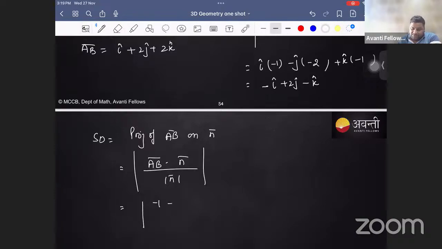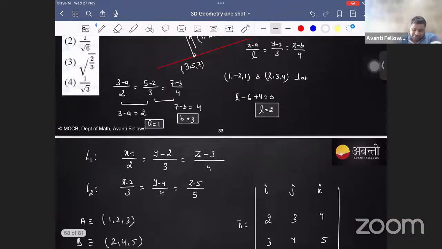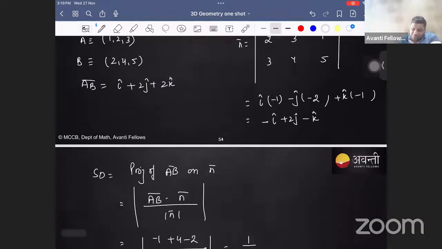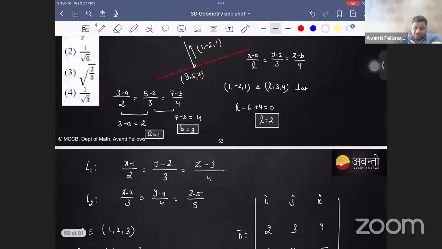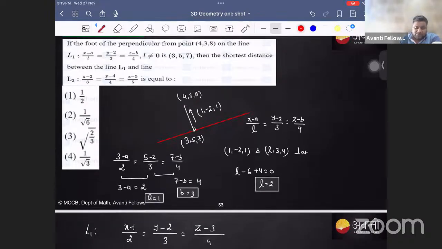It is minus 1 plus 4 minus 2, upon magnitude of n, which is root 6. So it is 1 upon root 6. This is your answer. Am I correct? So this is your answer, 1 upon root 6.